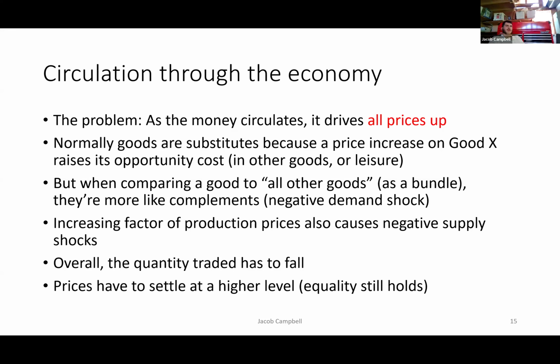If it's not being spent, it's not in circulation in the first place. And so you wind up with higher prices. But it's higher prices on everything. It's higher prices on goods, it's higher prices on rent, it's higher prices for wages, for labor. Wages and income also go up as well.